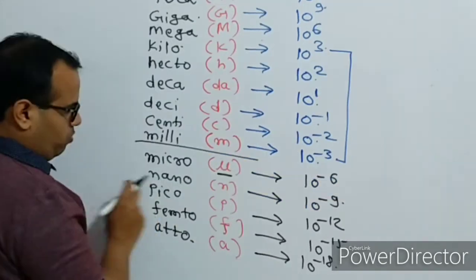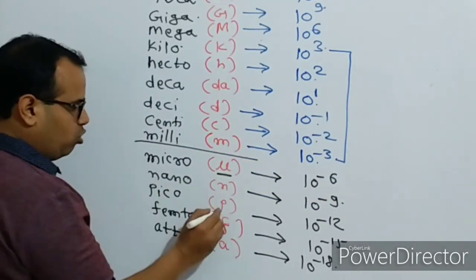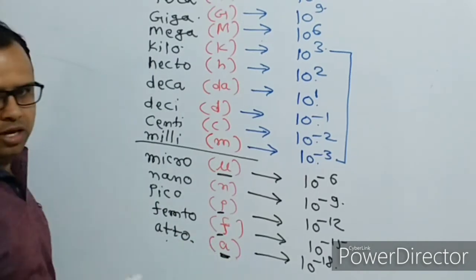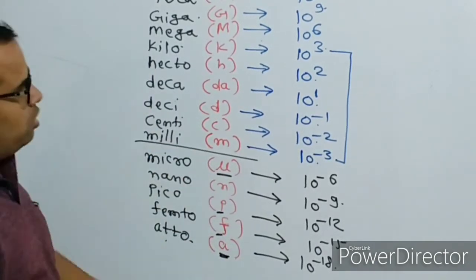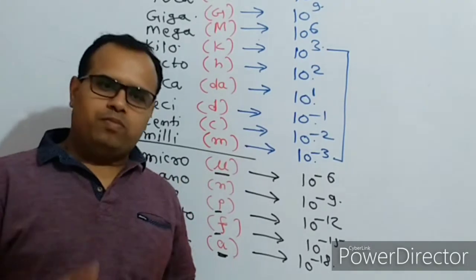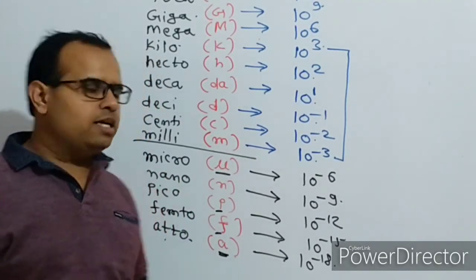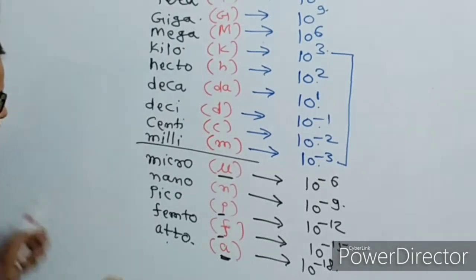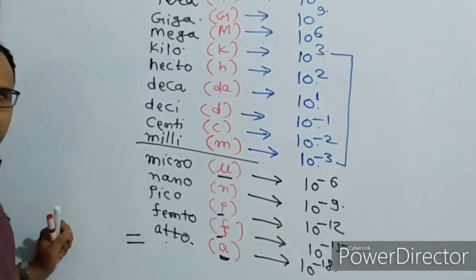Nano by small n, pico by small p, femto by small f, and atto by small a. So this is how the prefixes and their corresponding powers of 10 work. Okay, I hope it is clear to you.